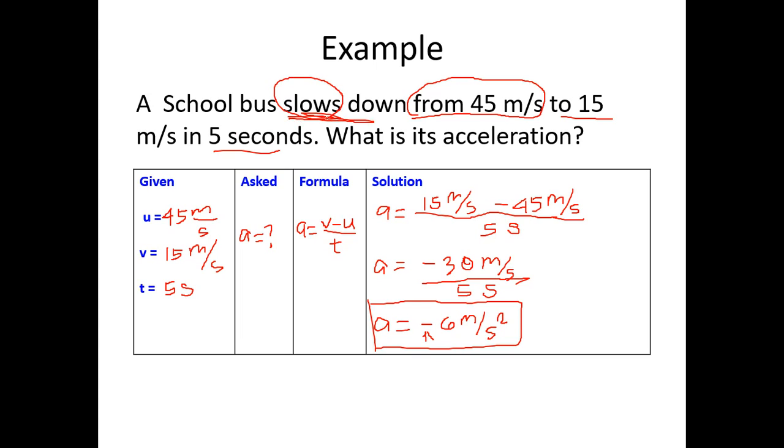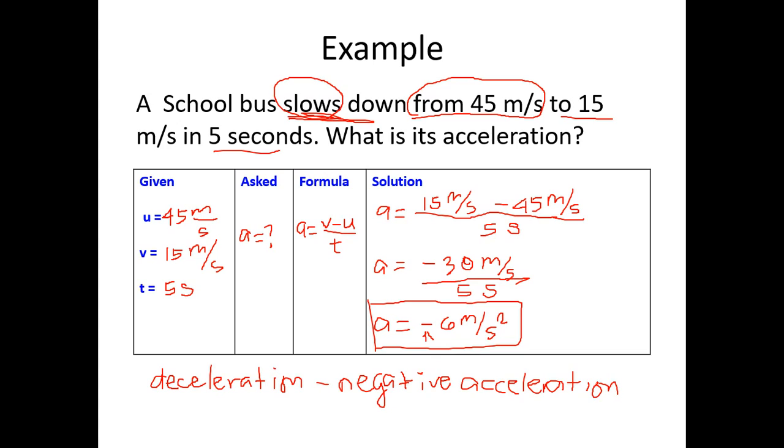That means from a higher speed to a lower speed. So this negative acceleration has a different name. We call it deceleration. Deceleration means negative acceleration. So whenever you get a negative acceleration, that means the object is decelerating.